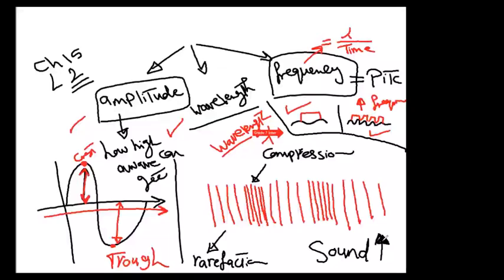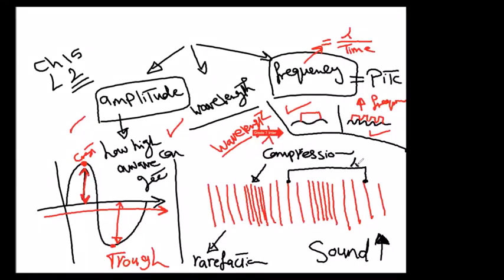The part of the wave where the particles are far from each other is called rarefaction. The part of the wave where the particles are closer to each other, we call compressions.